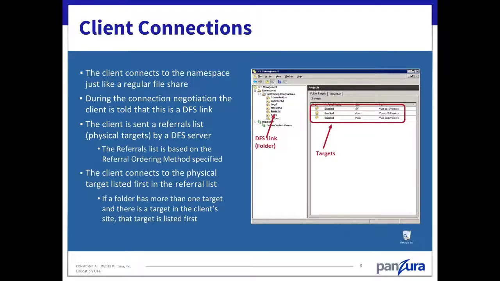The client just gets a basic list of physical targets, and the client's going to connect to the first physical target on this list. If the folder has more than one target and there's a target in the client's site, that target is going to get listed first. So the client's always going to try the target in the same local site.